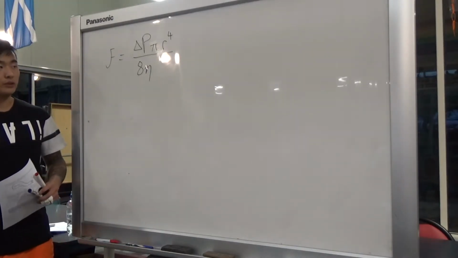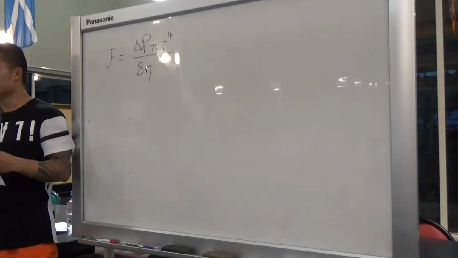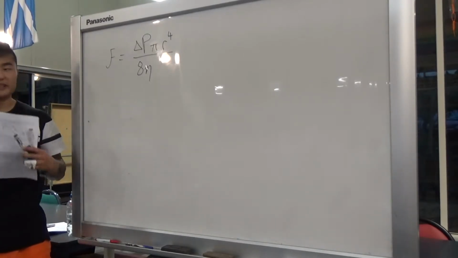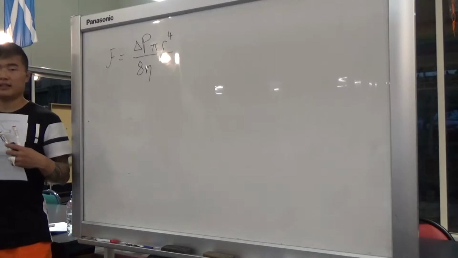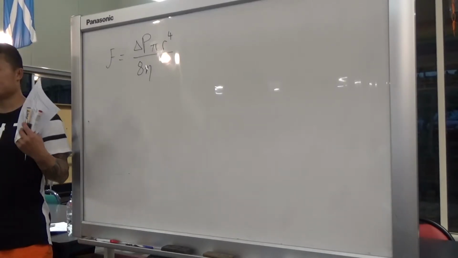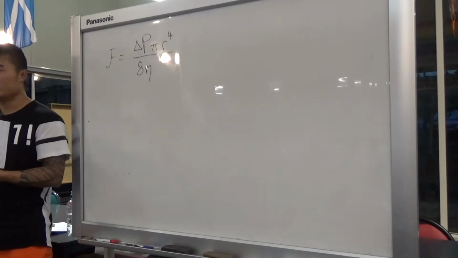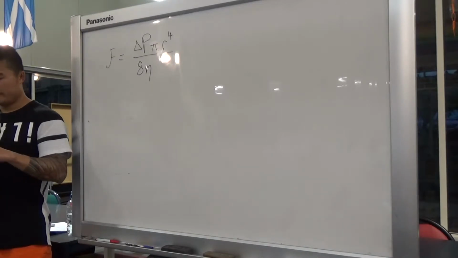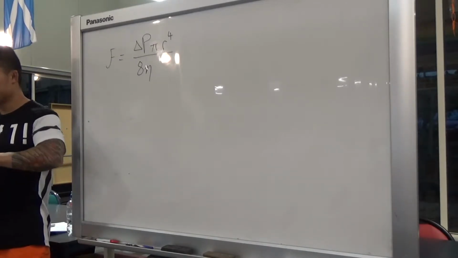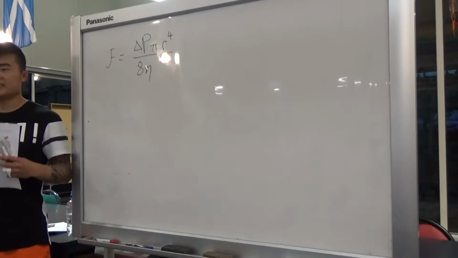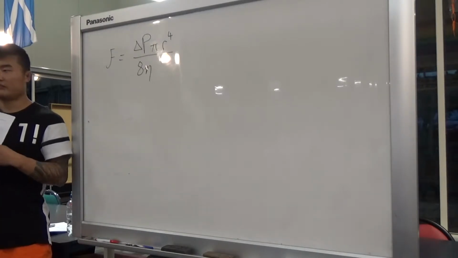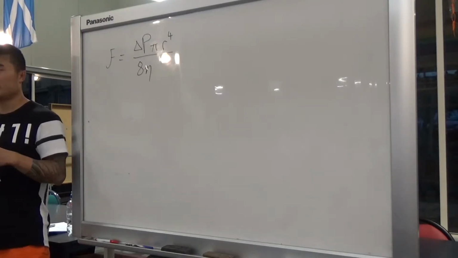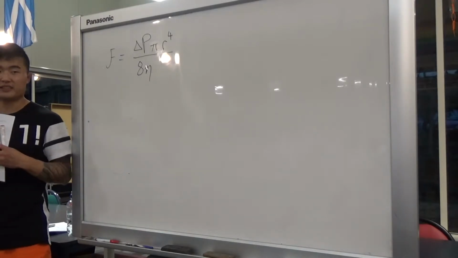Have you guys had the viscosity lecture yet? No. So if you say that a liquid is viscous, it means that it's like thick. It doesn't run very well. So if you think of, say, tomato sauce, it's not very runny, is it? Compared to water. Water flows a lot better than tomato sauce, right?